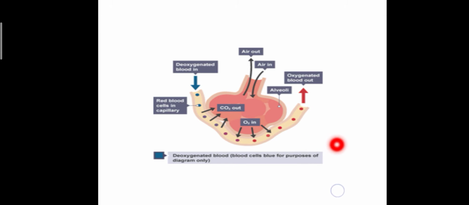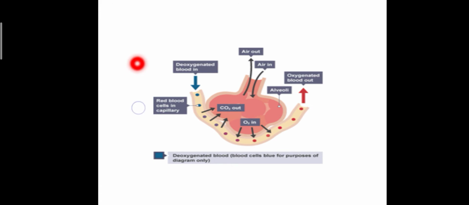Here we can see the deoxygenated blood in blue, and in this diagram we can see the oxygenated blood going out. Here are the alveoli. Oxygen is coming inward, carbon dioxide is going outward, and red blood cells are present in the capillaries.